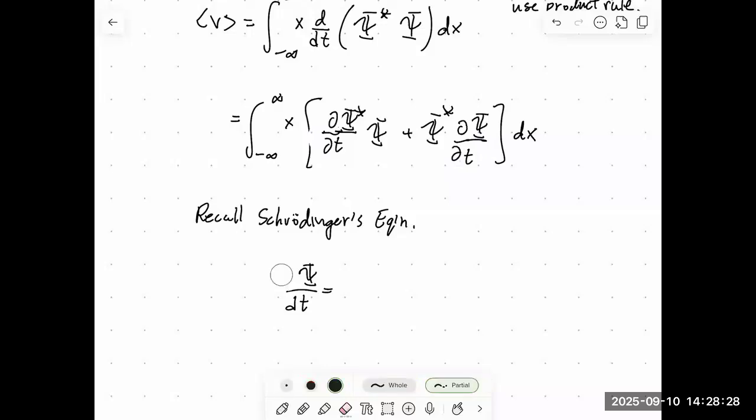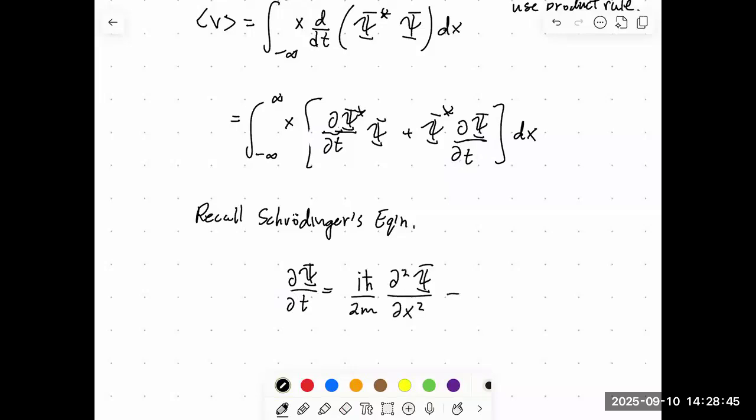Okay, so we'll write these as proper partial derivatives. So the derivative of the wave function with respect to time is i h bar over 2m, two derivatives with respect to position, minus i over h bar, potential times the wave function.